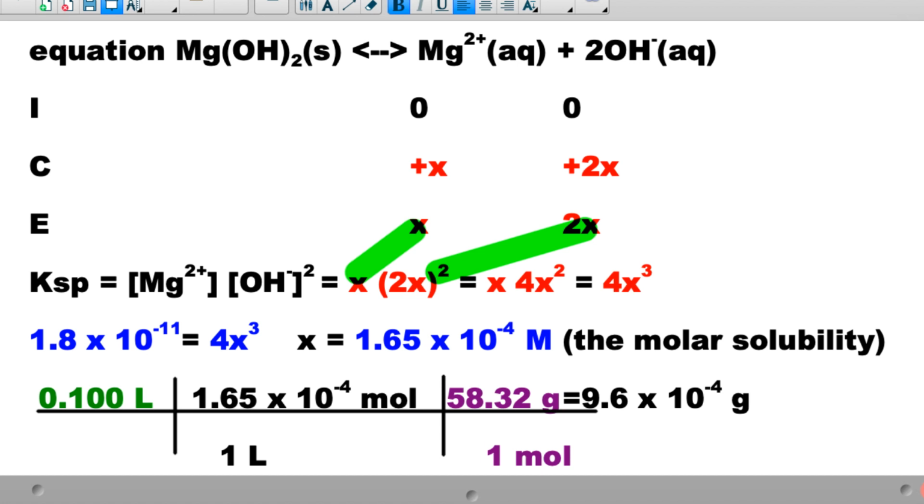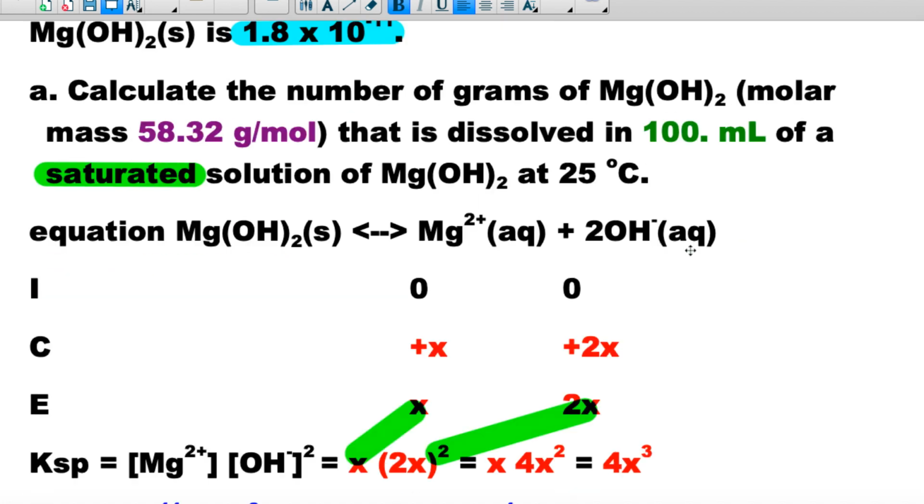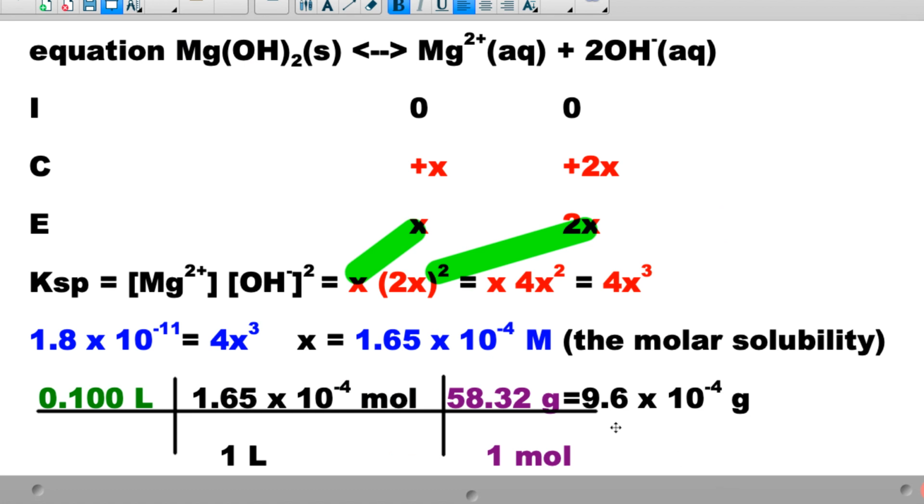That's what we just found for x. And I know that each mole, it was given to us in the problem, is 58.32 grams. So if I look back up here, that 58.32 grams per mole is given to us in the problem. The 100 milliliters is given to us in the problem. And we get an answer of 9.6 times 10 to the negative 4th.